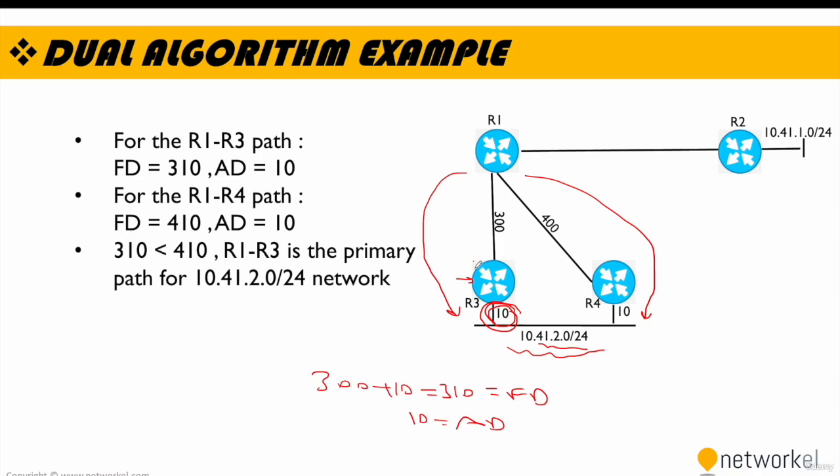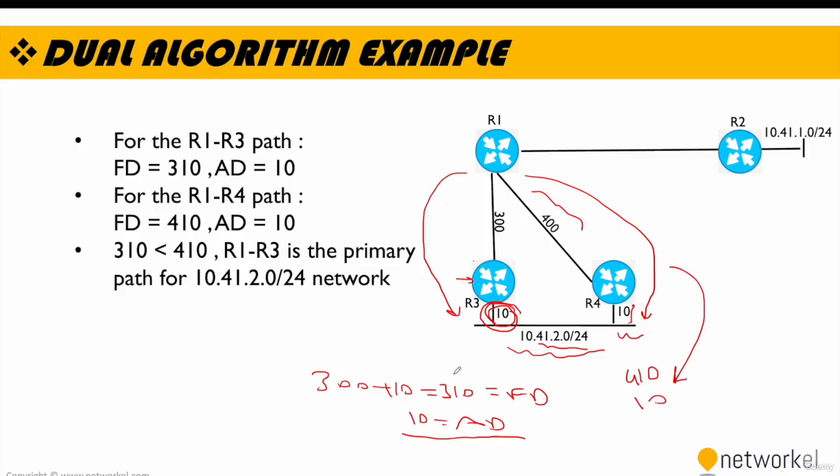The advertised value is 10, and the FD is 310. When it comes to the path on the right side, my FD this time is 410, and the advertised distance is again 10.